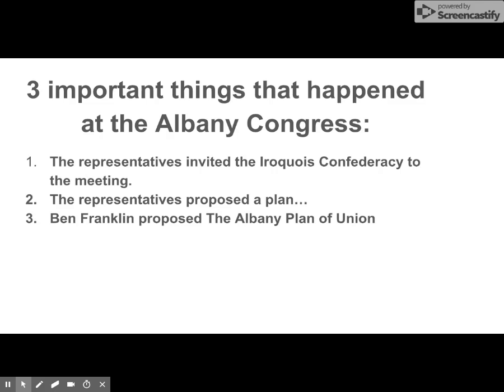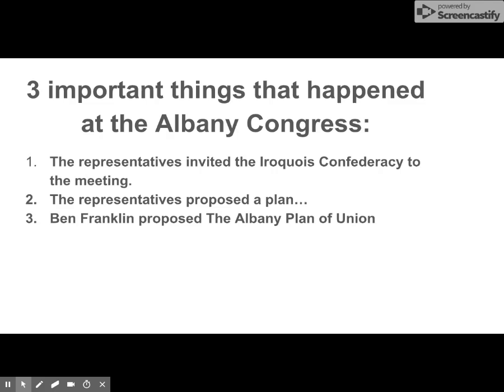The representatives wanted to talk with the Iroquois Confederacy because the Iroquois were neutral and not taking sides during the French and Indian War. The representatives asked the Iroquois Confederacy to become British allies during their war with the French. The French were also working to get the Iroquois involved on their side of the war.